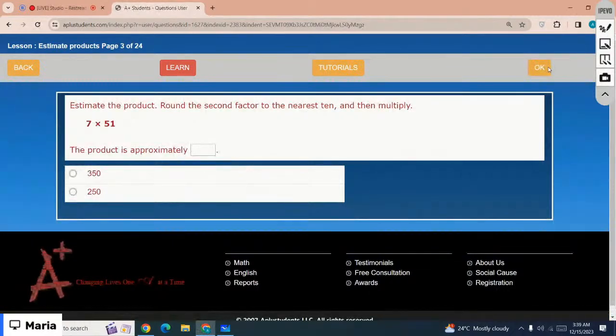7 times 51. Estimate the product, round the second factor to the nearest 10 and then multiply. That is 7 times 50, and 7 times 5 is 35. So the correct option is 350.